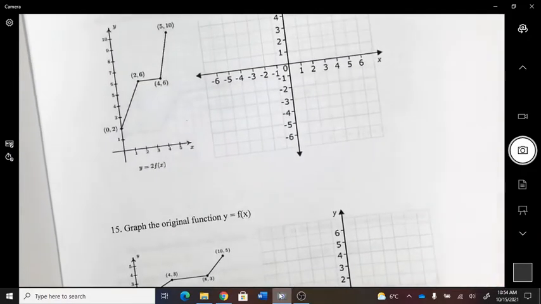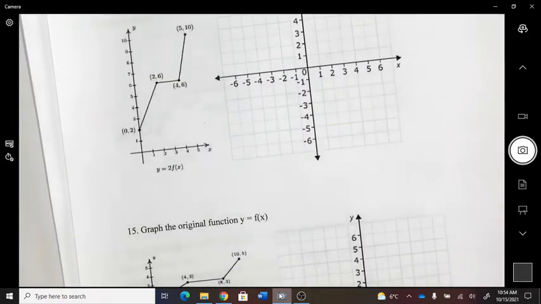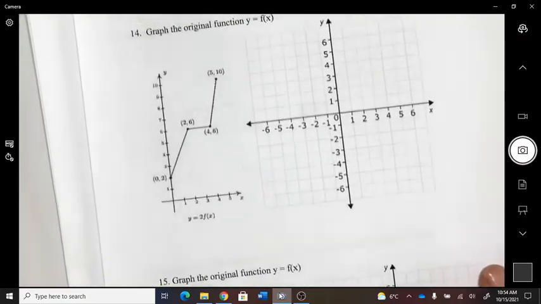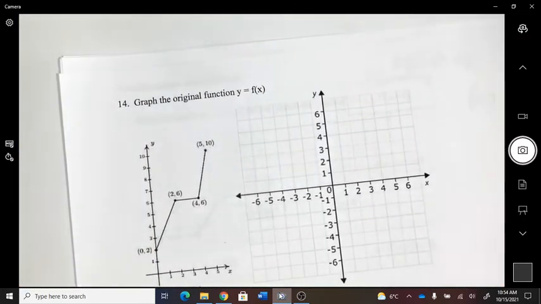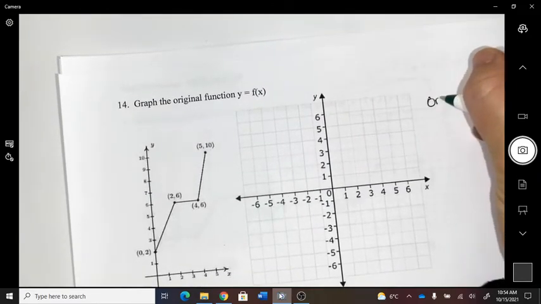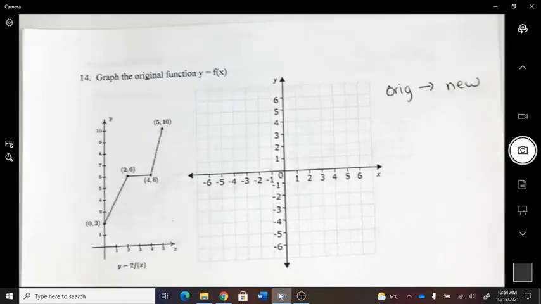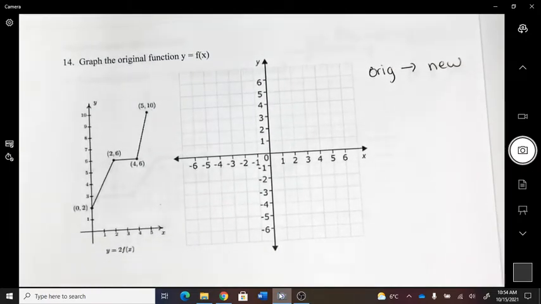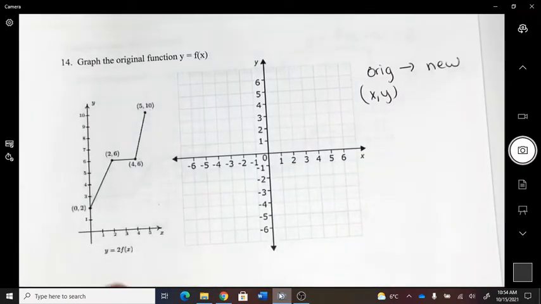Okay, graphing the original functions, and oh man, then we're done. Okay. Graph the original function. Okay, so we had an original, and then what did we do?